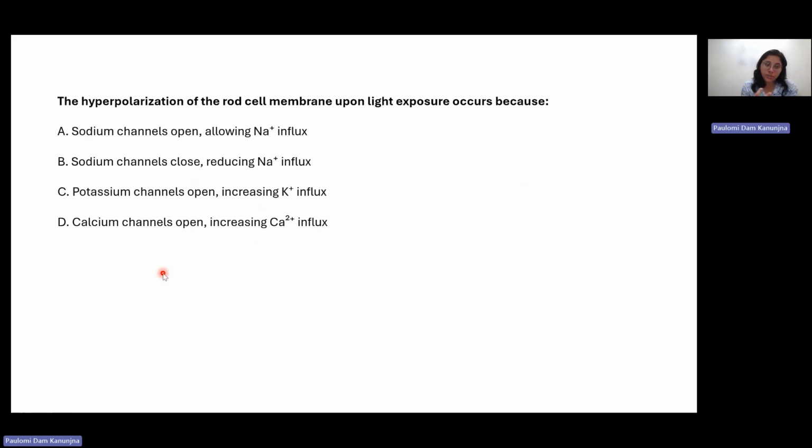In different ways, we are asking the same kind of procedure, so it will help you understand the concept in a very, very detailed manner, right? Coming back to the question, hyperpolarization is the next step after depolarization. In this step, we know the sodium channel closes and your sodium influx is reduced, right?